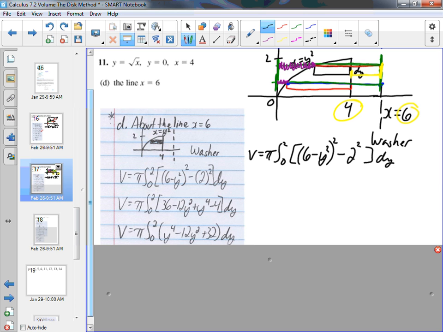So I've got the volume equals pi times the integral from 0 to 2 of y to the 4th minus 12y squared plus 32 dy. And remember that the pi is important and the dy is too. It doesn't actually affect the outcome of our answer at this point. But when we figured out the dy, that's what let us know everything was in terms of y. Okay?